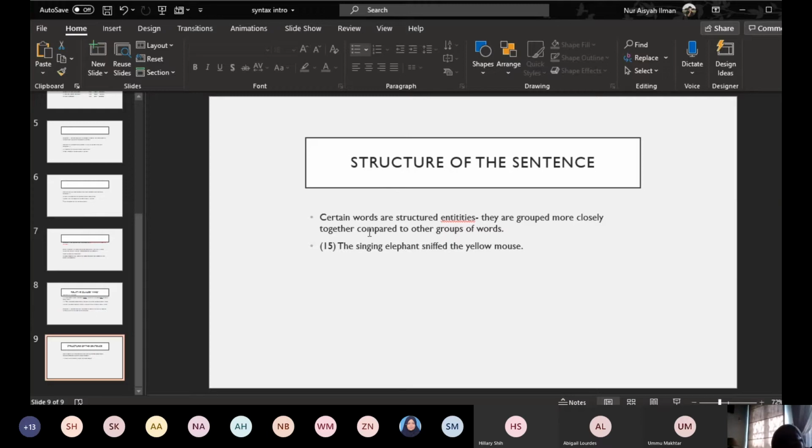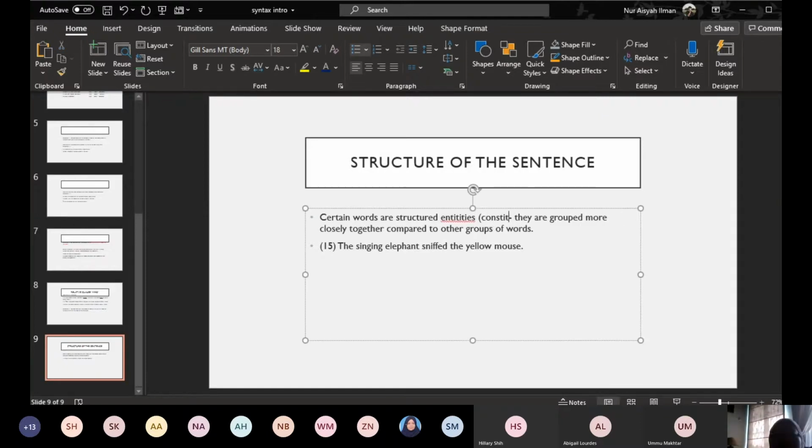And we say that certain words are structured entities. This is what we mean by constituents. They have their own structure. They are grouped more closely together compared to other groups of words.